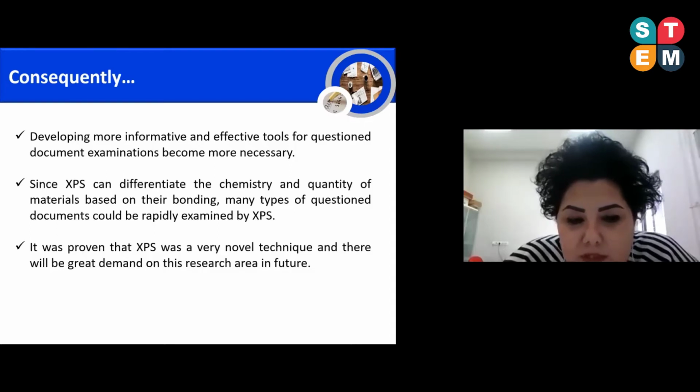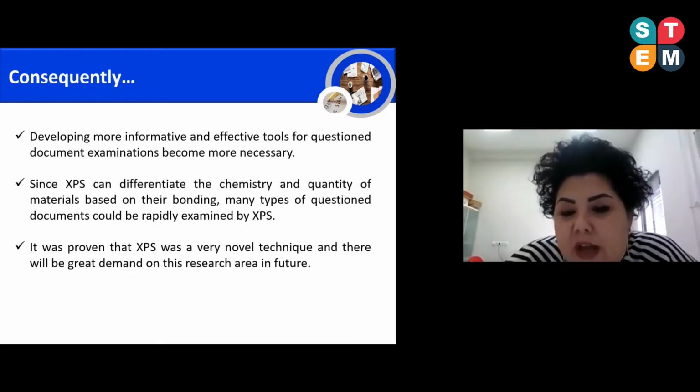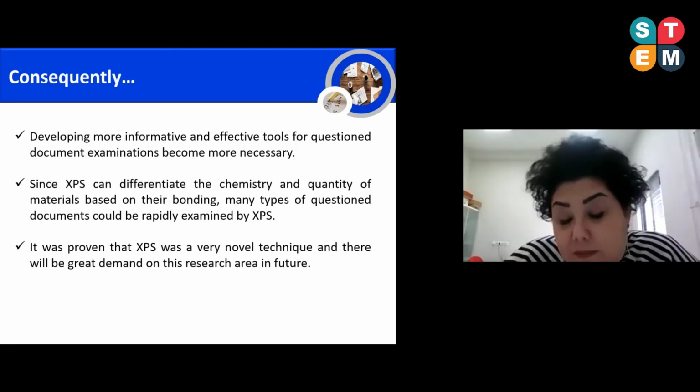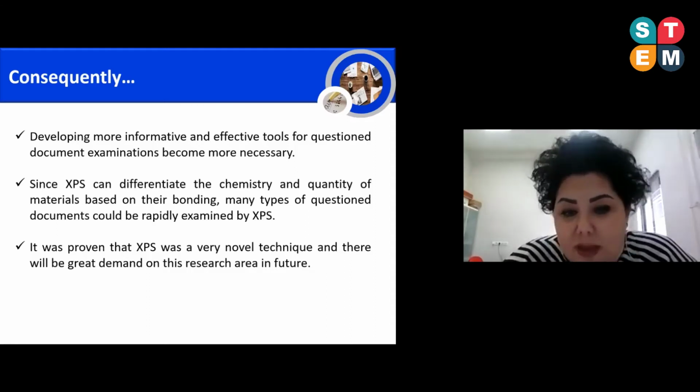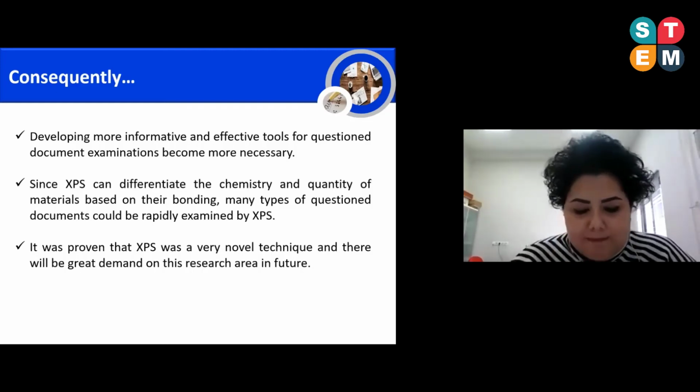Here we have proven with our preliminary results that XPS is a very novel technique, and there will be great demand in this research area in the future. Its major advantage is that it is non-destructive to the sample, and it's a very rapid technique that you can get information from very easily in a very short time.